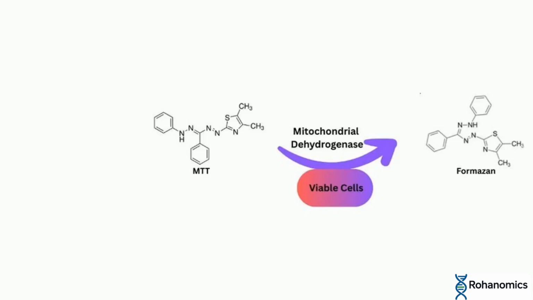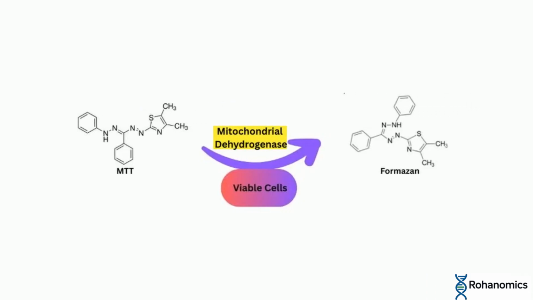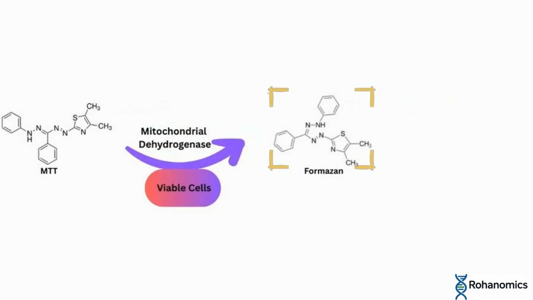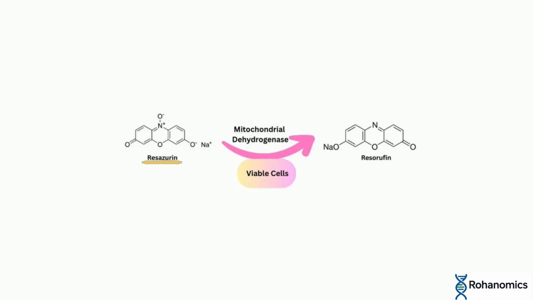This shows the transformation of MTT dye, a biochemical tool used in animal tissue cultures. The yellow MTT crosses the membrane and interacts with active mitochondrial dehydrogenase. The enzyme reduces it into an insoluble purple compound called formazan. Here we see the reduction pathway for the resazurin assay, an alternative colorimetric proxy.